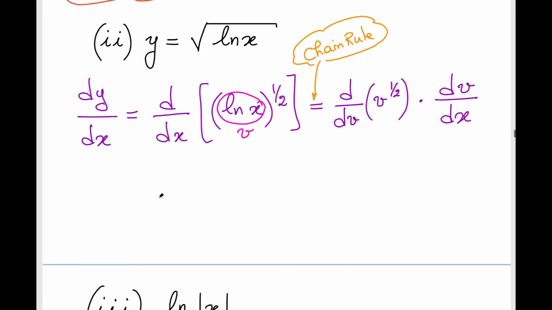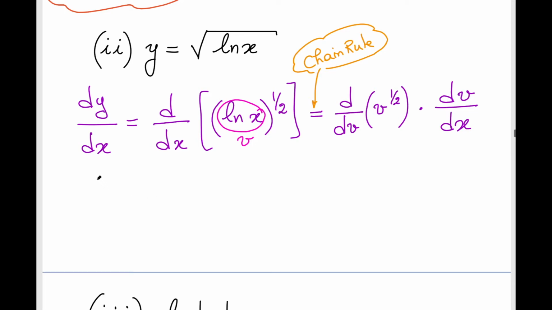And then how much is this? This is half v to the power half minus 1, times dv over dx. Now I'm differentiating v with respect to x.